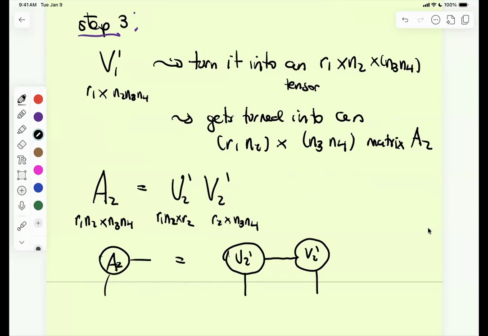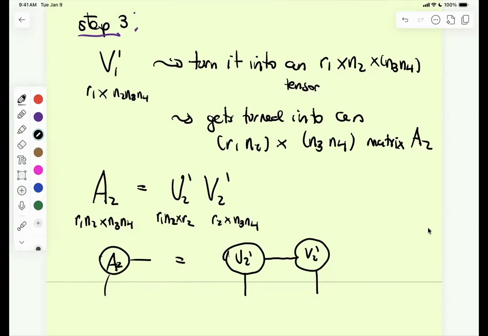You should think of each of these as a multi-index, because it represents R1 and 2, and N3 and 4.